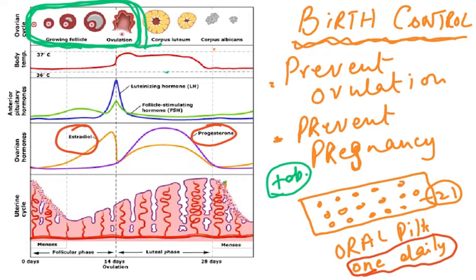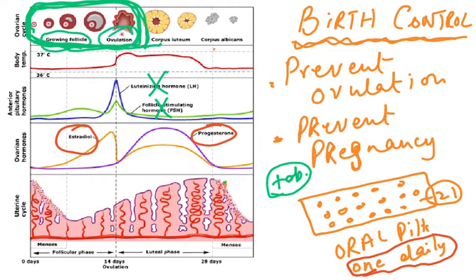When they became higher, the pituitary detected that. So the pituitary decided, okay, estrogen and progesterone high, so no luteinizing hormone, no FSH. If there is no FSH and no LH, then this is not going to happen. So no follicle developing and no ovulation.